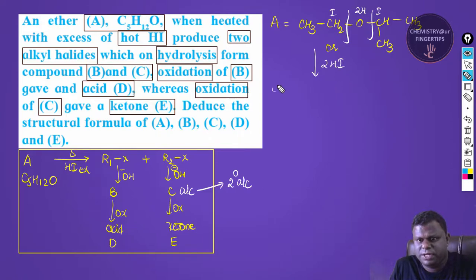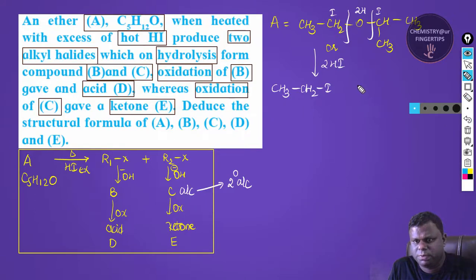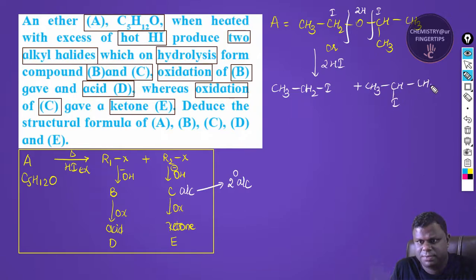So what is it that you get? You get CH3CH2I, and then the next one is CH3CHICH3.